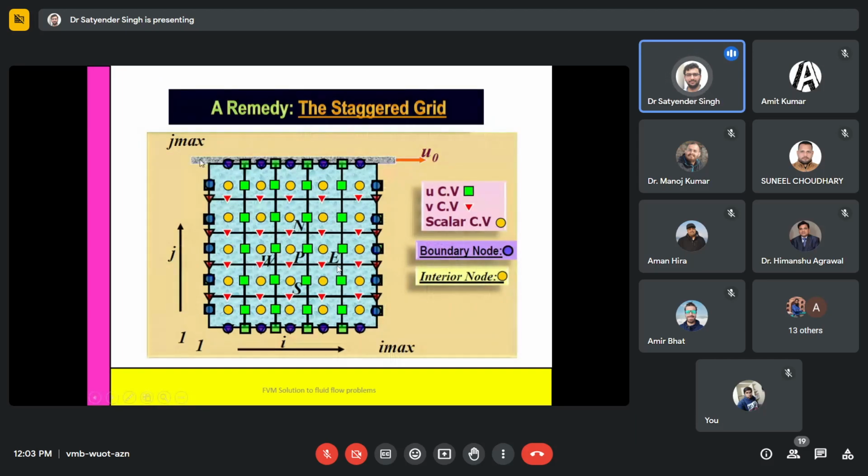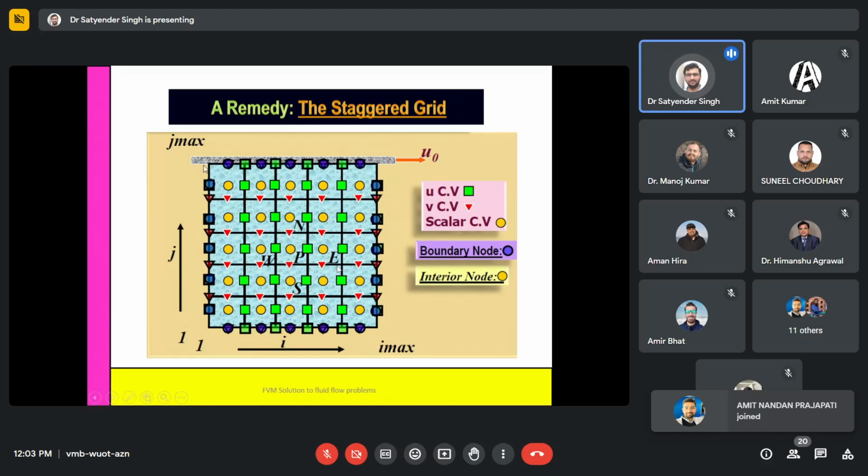Here I am showing you one very common, standard problem. While you will be writing a code or making a solver for fluid flow problems, for a laminar flow or turbulent flow, we generally validate our numerical solution with the lid driven cavity as a case.